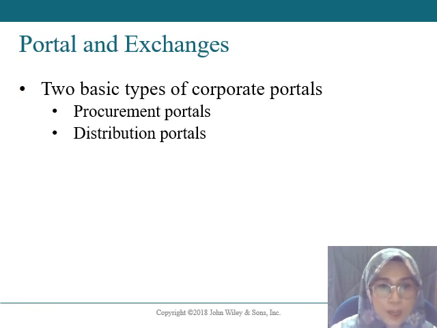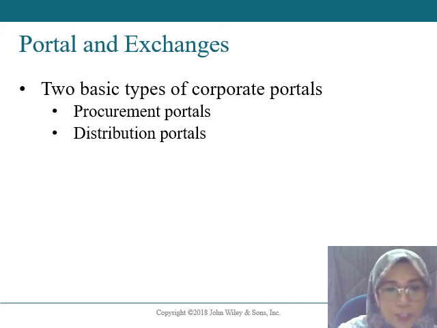Okay, so let's continue with the portal and exchange. So this one, there are two basic types of corporate portals. So one known as procurement portals, and another one is distribution portals. So apa kegunaan portals and exchange ni sebenarnya?